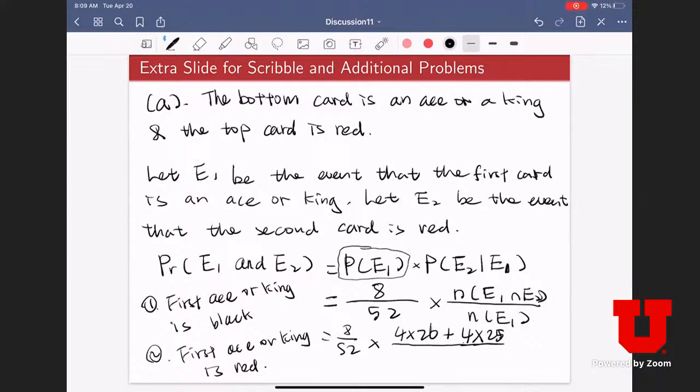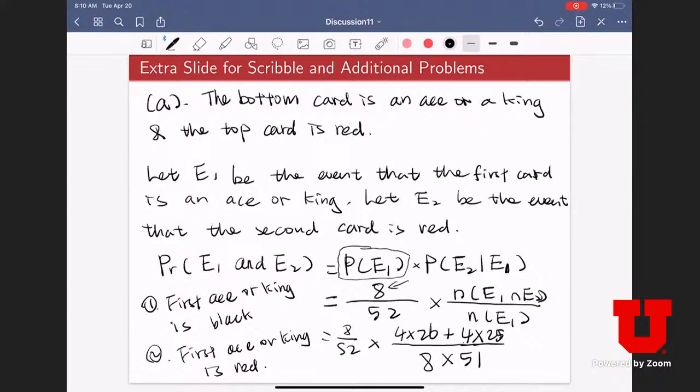So we know that the number of possibilities of E1 is 8. We have 8 possibilities to have a card that is an ace or king. I already figured that out at this part. And then we don't actually care if the second card is red or black. So now we're going to have 51 cards left to choose from.